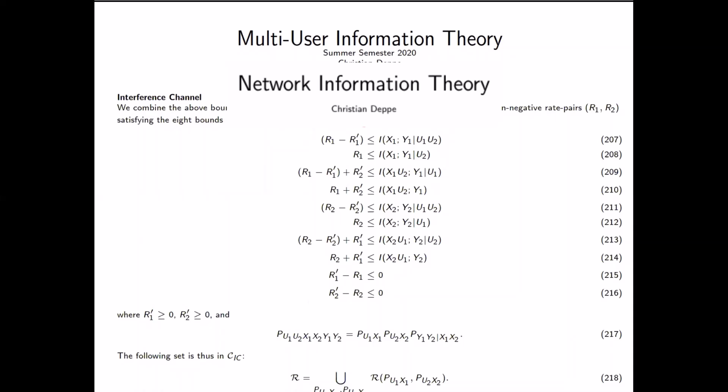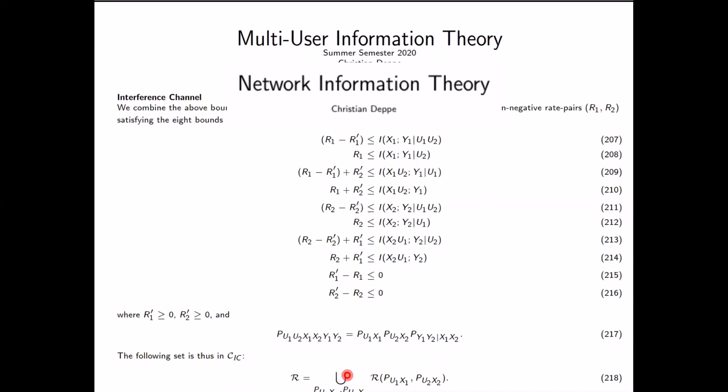And then this R(P_U1, P_U2, X2) is a set of non-negative pairs R1, R2 that satisfies all these bounds we have, where, of course, R1' and R2' are greater or equal to 0. And this factors out in this way. Then it turns out that the following set is contained in the capacity region of the interference channel.